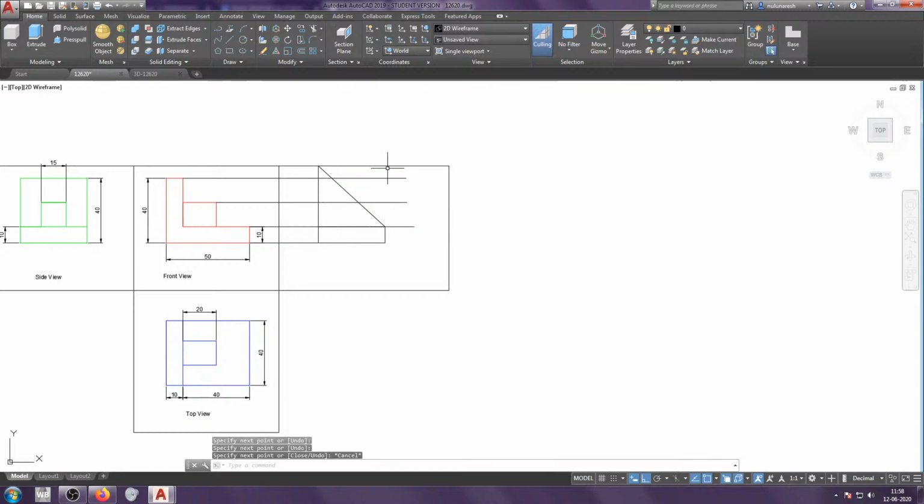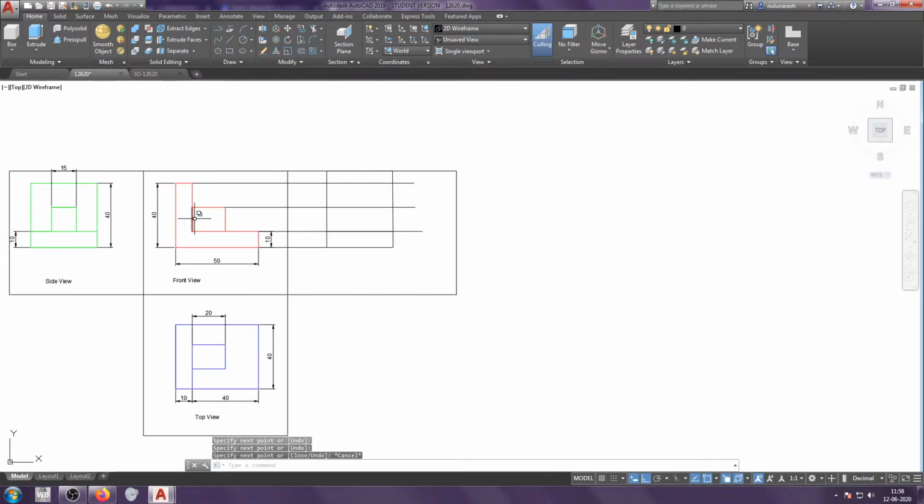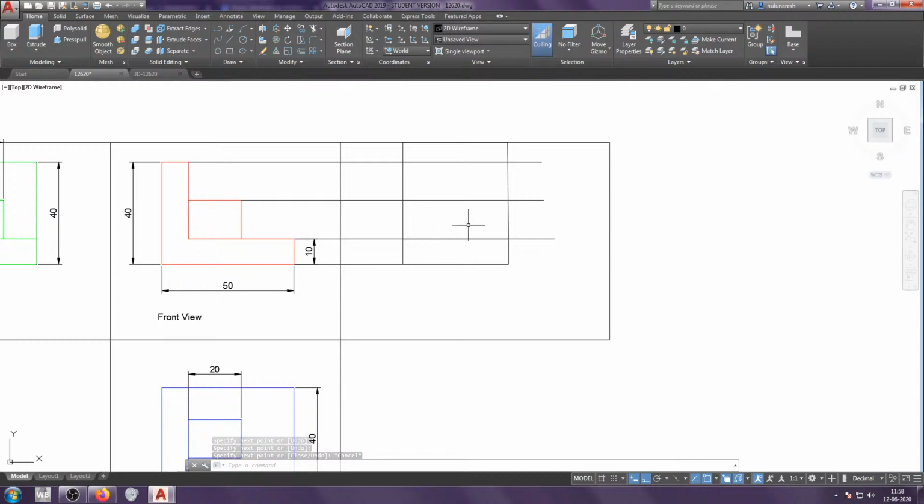Oh wait. Okay, so whatever these locations are there, at those particular locations you have to take these are all hidden edges. Okay, I'm not taking the exact dimensions here.